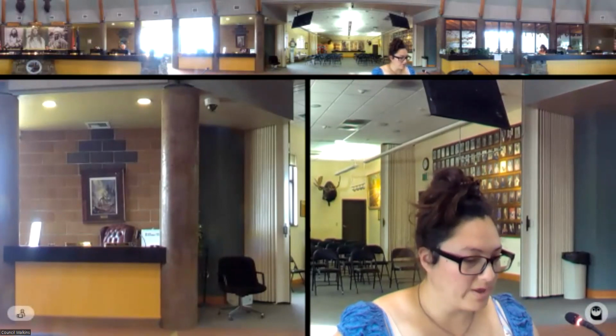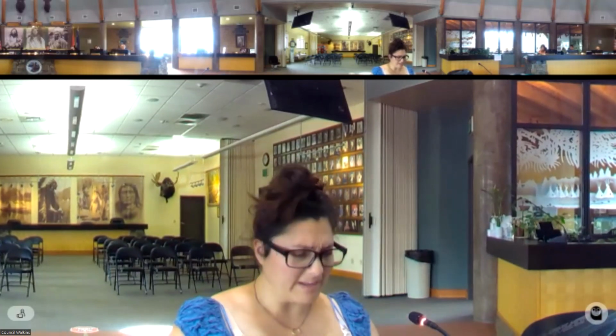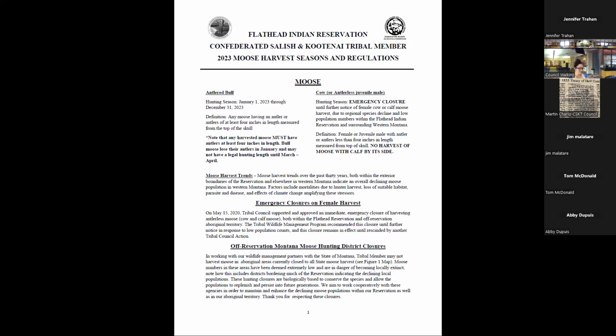The other change was to have hunters that fill a moose tag bring in proof of sex of the animal so that we can check off that it was a male or an antlered moose that was harvested, just because we did have an incident this season where there was a potential cow poaching case off the reservation. We did have a tribal member hunter turn in a report from that area saying they filled an antlered bull, but we don't see the actual evidence that it was a male, so we couldn't definitively say that.